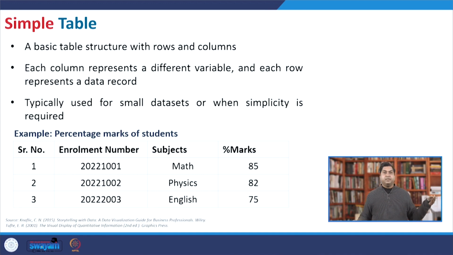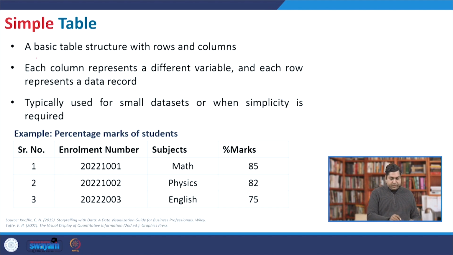Maybe in some cases one may use columns and rows interchangeably. Somewhere the columns can be represented by certain categories and then these are variables. Somewhere for a perception study one may use the columns as a respondent number and then these are variables. So, it depends on the need and which can better represent the overall outcome, right.